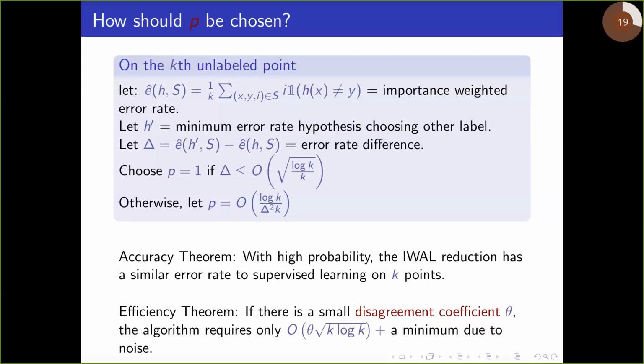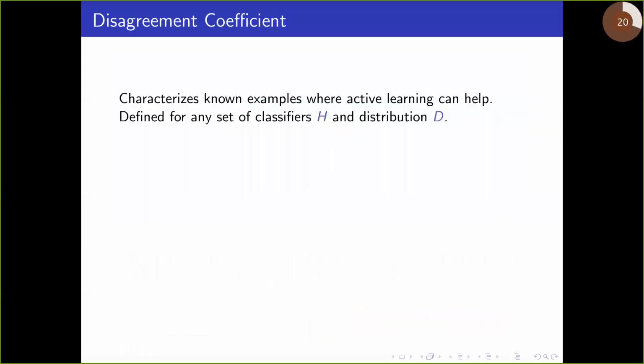Okay, so let's discuss the disagreement coefficient for a minute. The disagreement coefficient is a way to characterize where active learning can help you. And it's a little bit tricky because the disagreement coefficient is dependent upon both the set of classifiers and the distribution that you're dealing with.